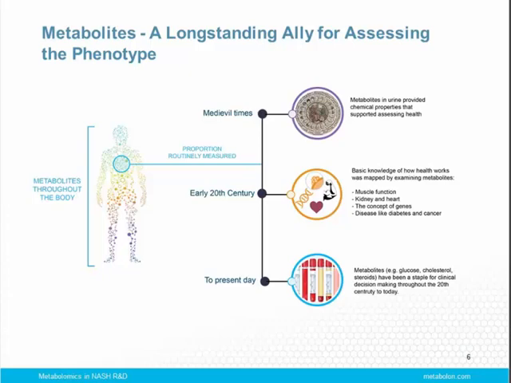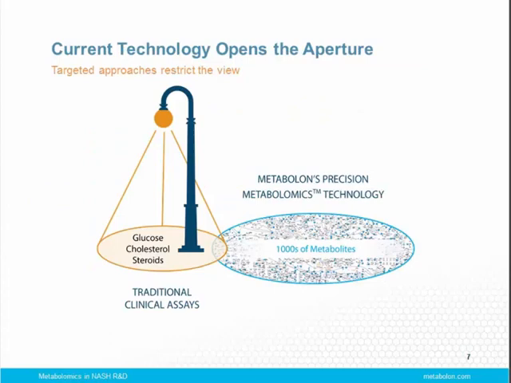And so these targeted approaches in traditional clinical assays such as glucose, cholesterol, and sterols can be very useful. However, with Metabolon's precision metabolomics technology, we can really open up the aperture and be able to screen for thousands of metabolites in one test. And this allows us to take a more holistic approach to studying the system or model of interest. And in this case, this system and disease model is NAFLD and NASH.